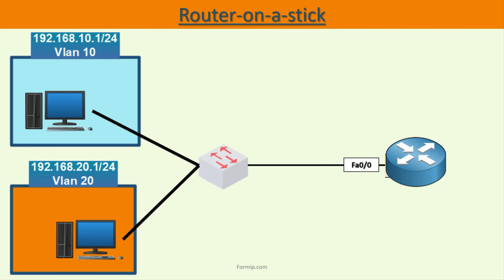The router must have access to both VLAN networks so that it can do its routing job. In other words, it must have one interface that is part of the network 192.168.1.0, which is VLAN 10, and a second interface in the network 192.168.2.0 of VLAN 20.